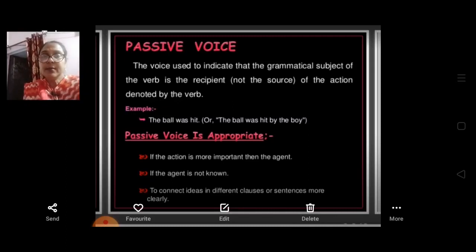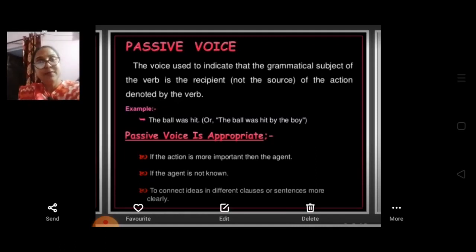Here you can see very clearly that the object of the verb in the active voice becomes the subject in the passive voice, as I have already told you. Passive voice is appropriate if the action is more important than the agent, if the agent is not known, or to connect ideas in different clauses or sentences more clearly.